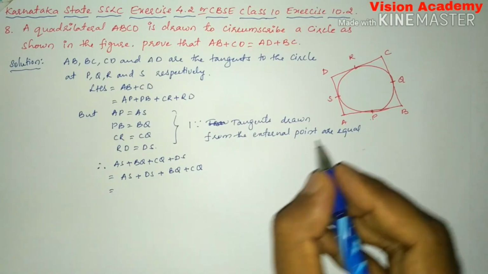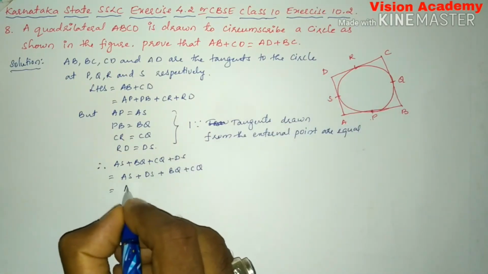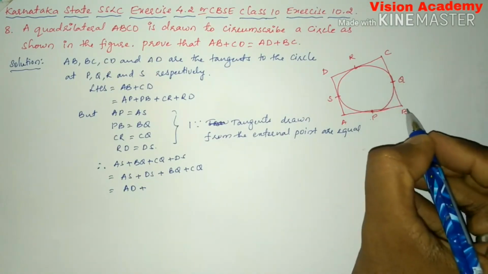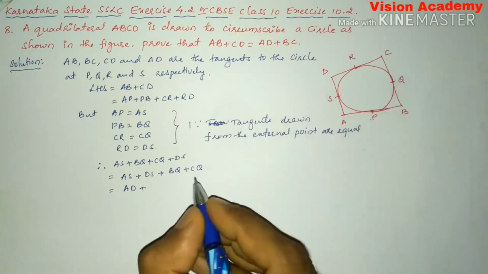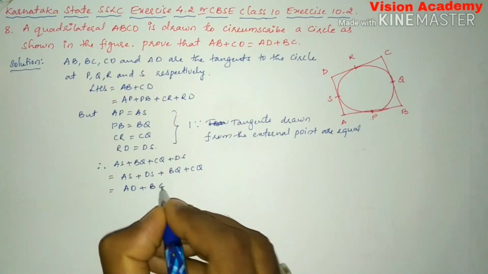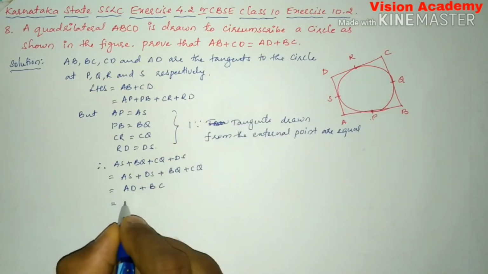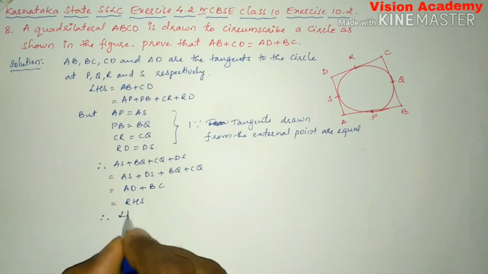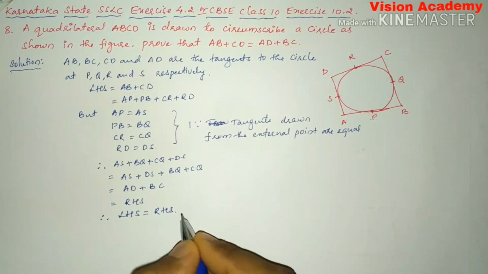Here AS plus DS is AD. AD plus BQ plus CQ. Here BQ plus CQ gives us BC. So here AD plus BC is RHS. So AD plus BC is equal to RHS. Therefore, we have proved LHS is equal to RHS.